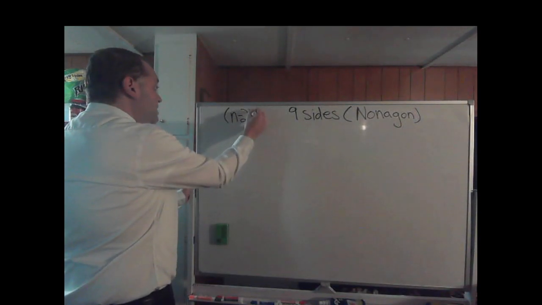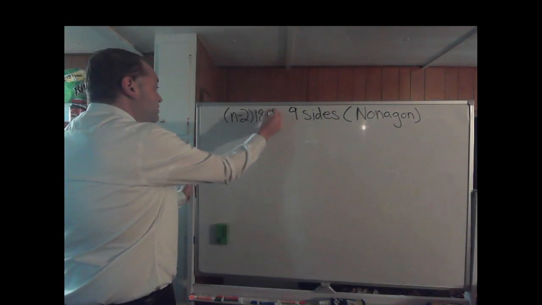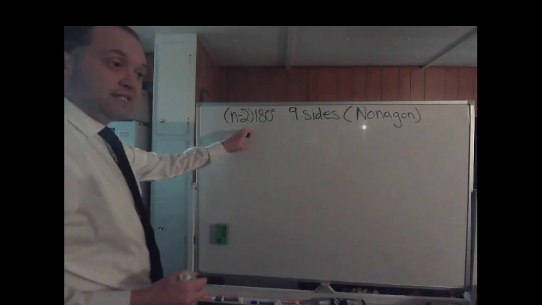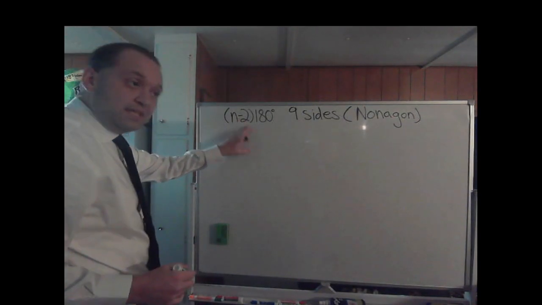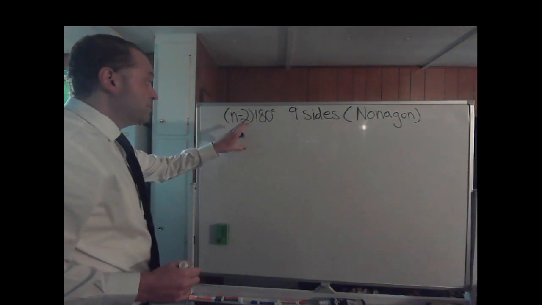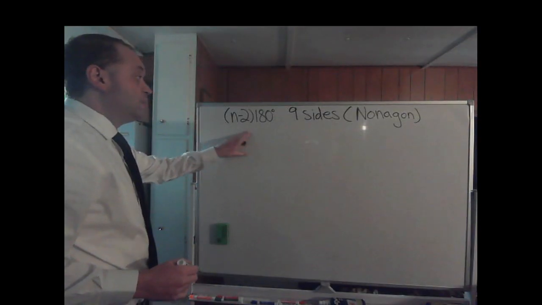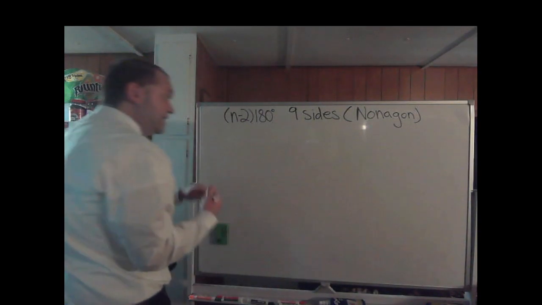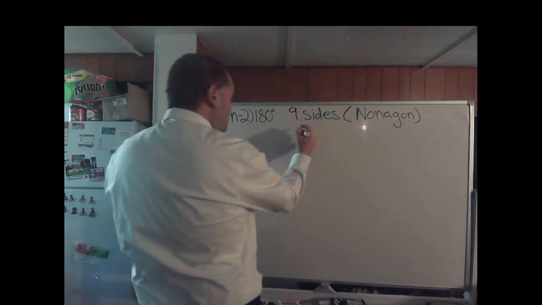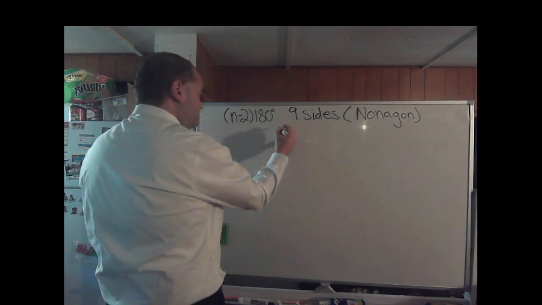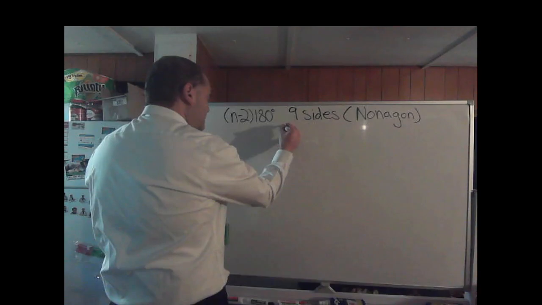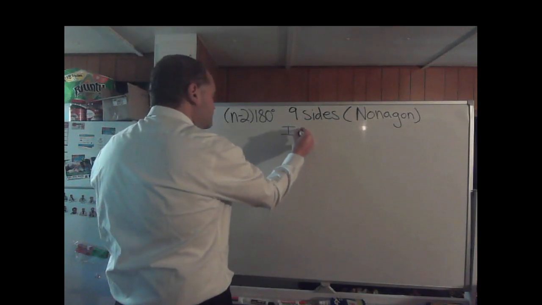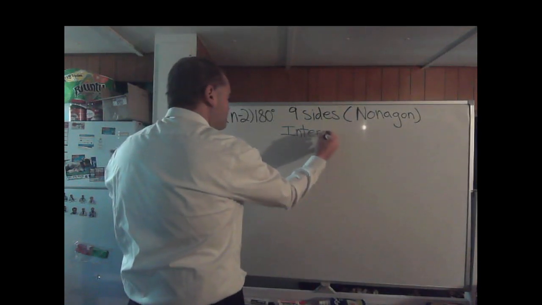That's going to be n minus 2 times 180 degrees, right? That's the formula for finding the sum of the interior angles of a polygon. This particular polygon here has 9 sides, which tells us then, first thing you want to do to solve for the interior angles, which, let me put that up here.